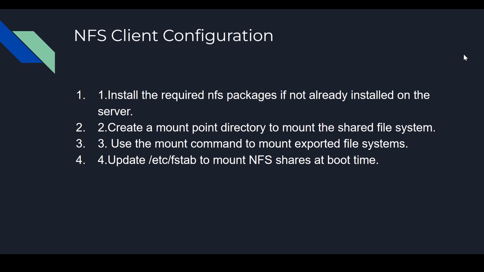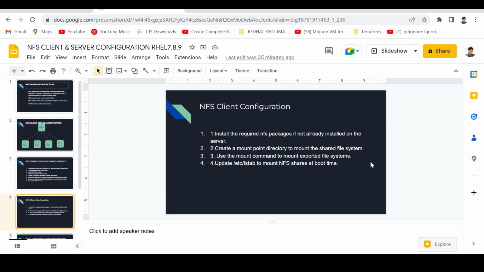Once it is mounted successfully, we have to update the /etc/fstab file to mount the NFS share permanently at boot time. So this is the basic configuration of the NFS client, and let's get started with the practical.